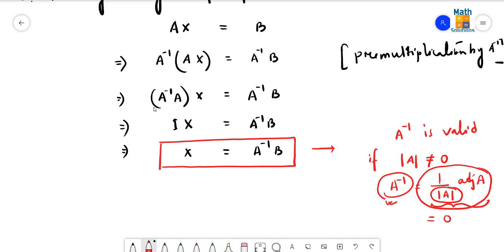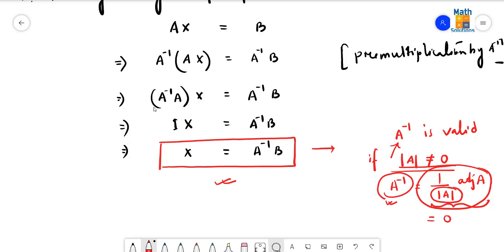Then either the system of equations will be inconsistent or will have infinitely many solutions depending on conditions. That part we do not have to study. We only need to study the cases where solutions are available, that is, where the determinant of A is not equal to 0. Only then A inverse will exist, and where there is A inverse, the values of these variables can be evaluated.